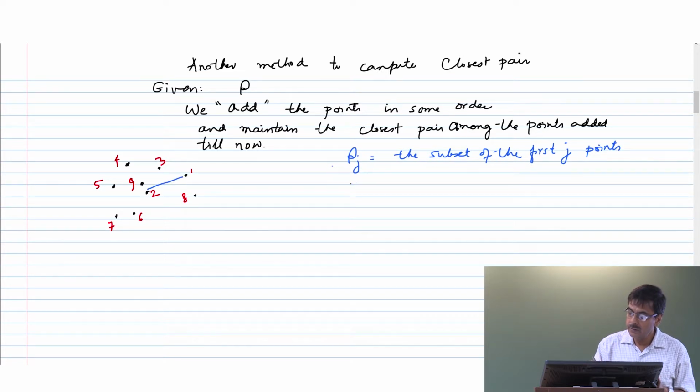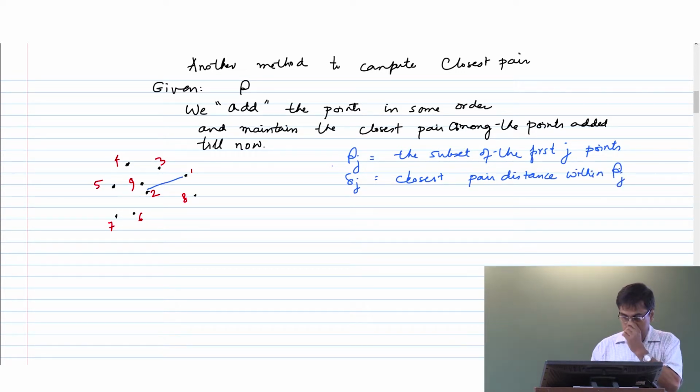Okay, and let's say delta j equal to the closest pair distance within this subset of points Pj, and the closest pair themselves could be denoted by, okay, so just let it be this. So I think this should suffice.